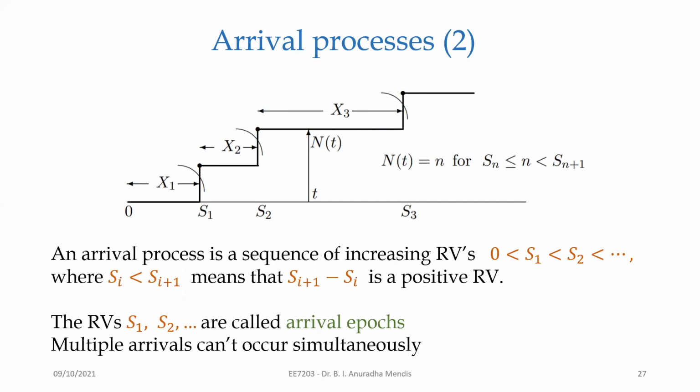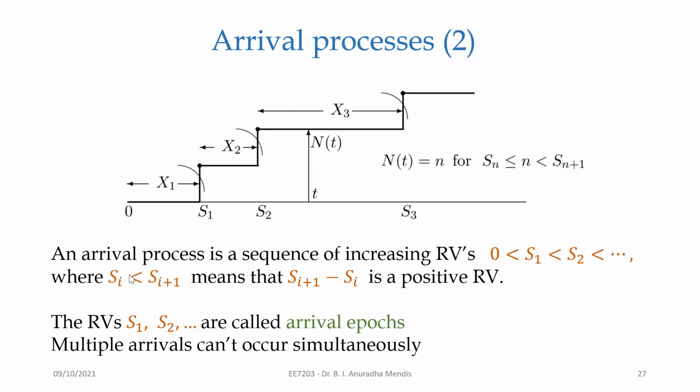So no simultaneous arrivals, assuming that these S1, S2, S3 are always increasing random variables. That is why S_i is always less than S_(i+1). You can't have less than or equal here. It cannot be equal because there are no simultaneous arrivals.